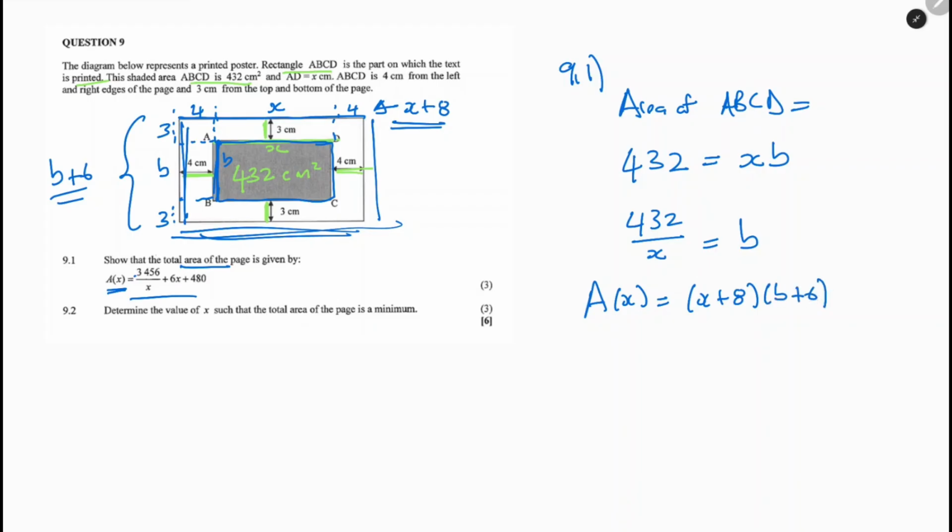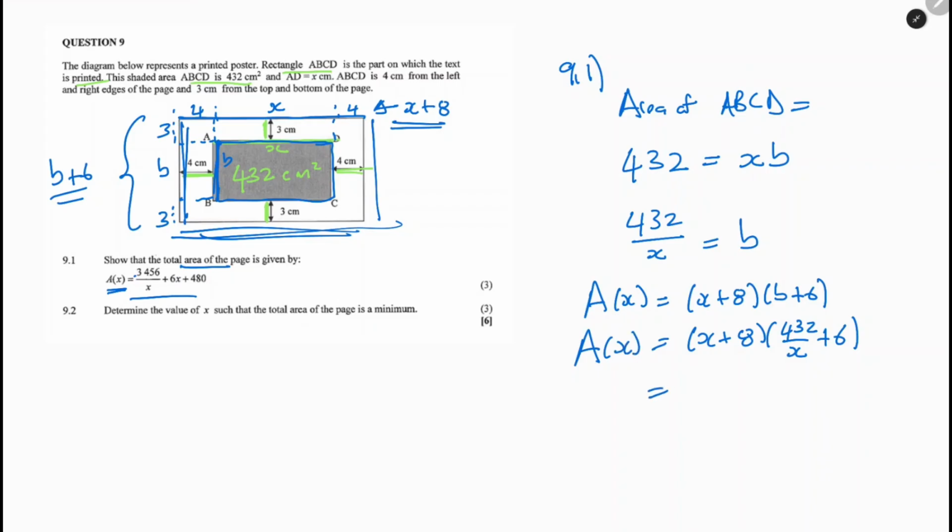This is why I wanted to isolate B, because I can substitute B with this value here, so that I have the area is equal to X plus 8 times 432 divided by X plus 6. On this side of the equation the only unknown is X, so indeed I have a function of X.